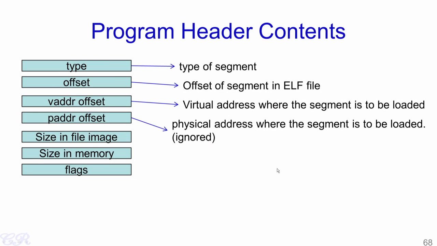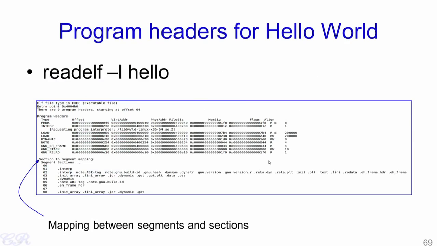Next, we will look at the program header contents. The program header also has several parameters, such as the type of the program header, the offset, and the virtual address, essentially the virtual address where the segment needs to be loaded, and you have a p address offset which is essentially ignored. In order to get the program headers for our hello world program, we use readelf -l hello.